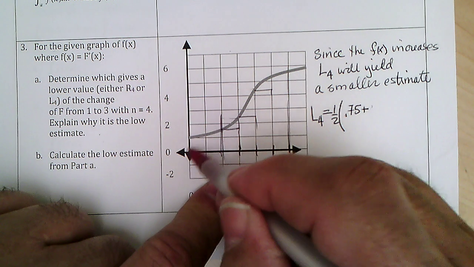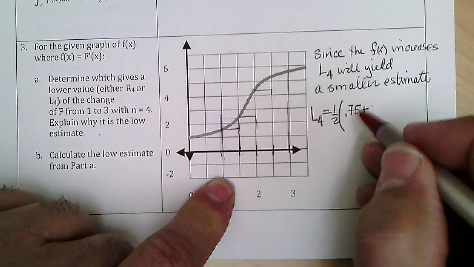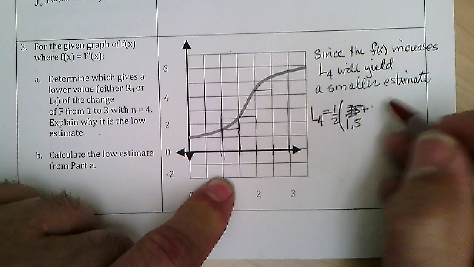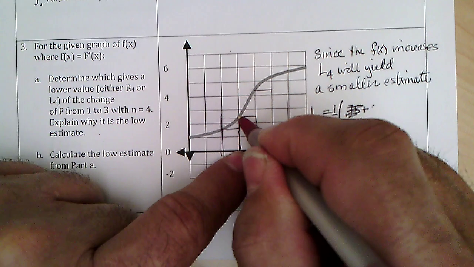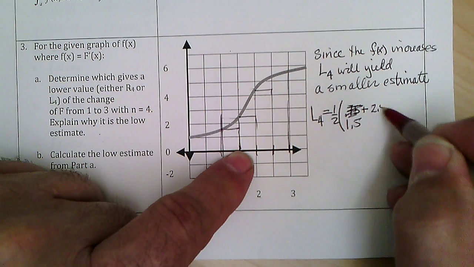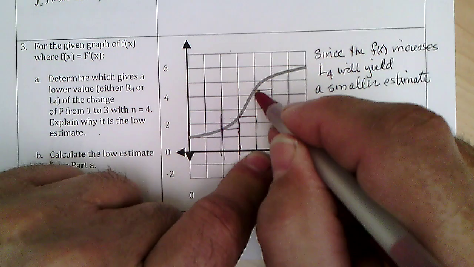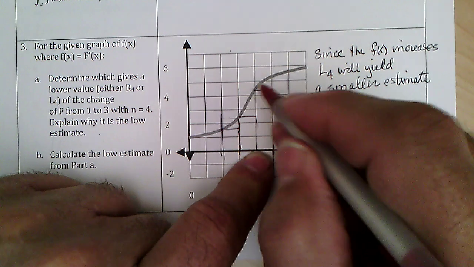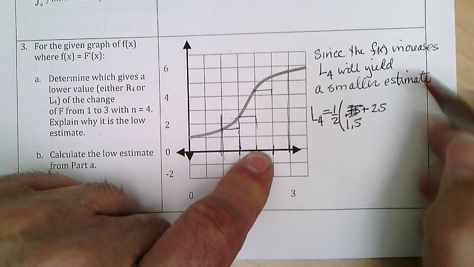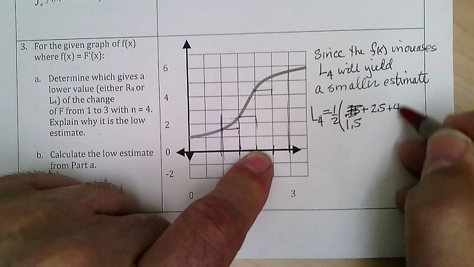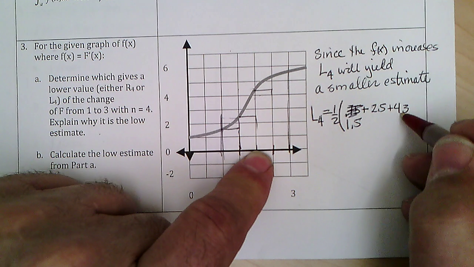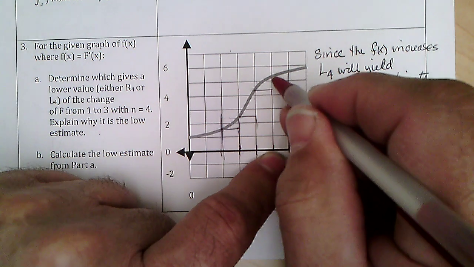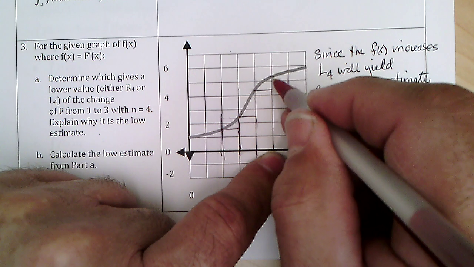Oopsie, that's 1 1/2, excuse me. 1.5 plus, well, let's call it 2.5. Left side here is 4.2-ish. No, 4.3 plus 4.3. These are estimates, so it's all right to make approximations. So that's 5.3.